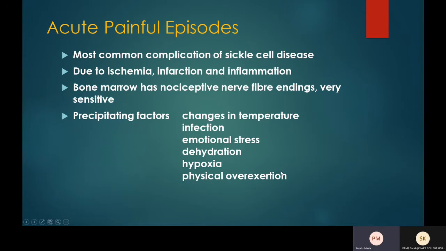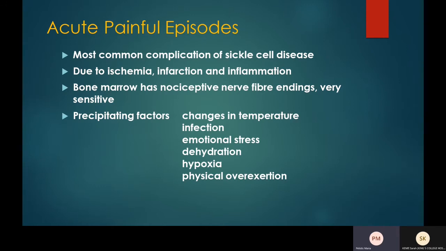The most common complication of sickle cell disease are acute painful episodes, and this is because there is decreased oxygen delivery or ischemia, an infarction or necrosis, and inflammation. We do know that the bone marrow has nociceptive nerve fiber endings, which are very sensitive to pain.